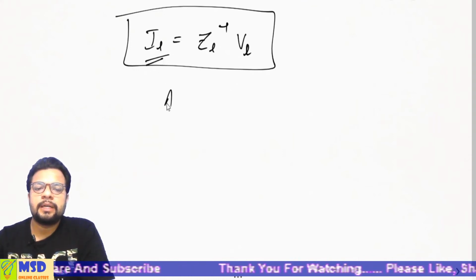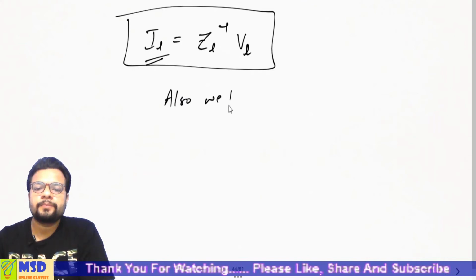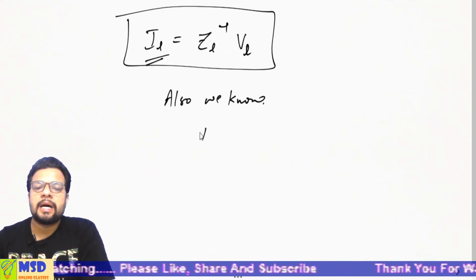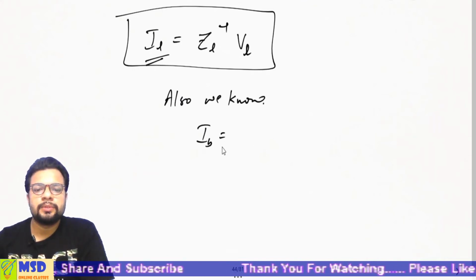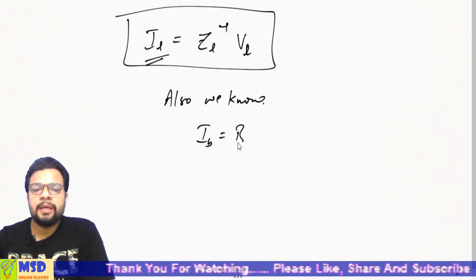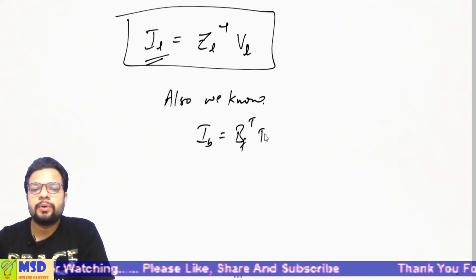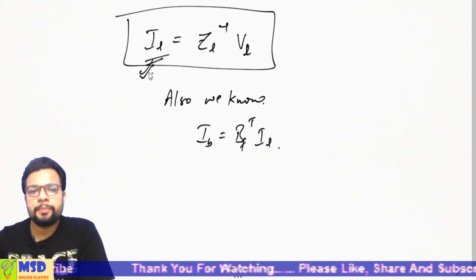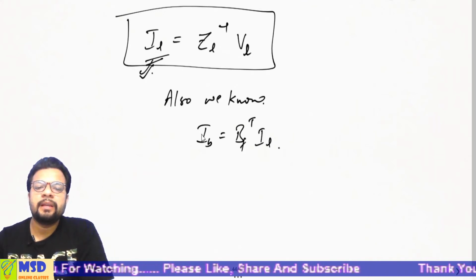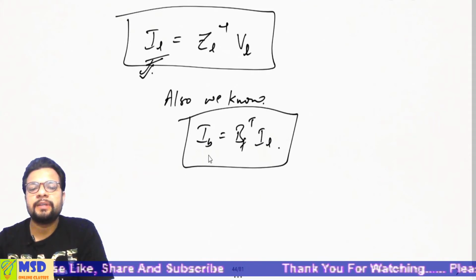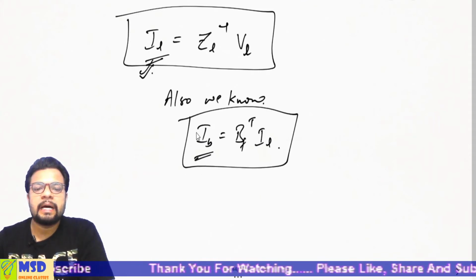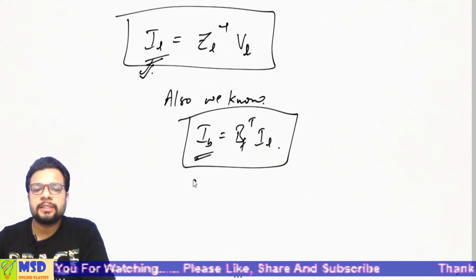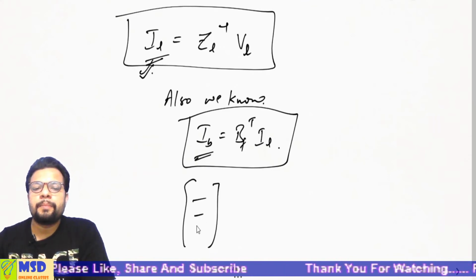Now also we know that IB equals BF transpose into IL. Now if we have obtained the loop current vector, then with the help of this relation, we can determine the branch current vector, and this vector would consist of all the branch currents.